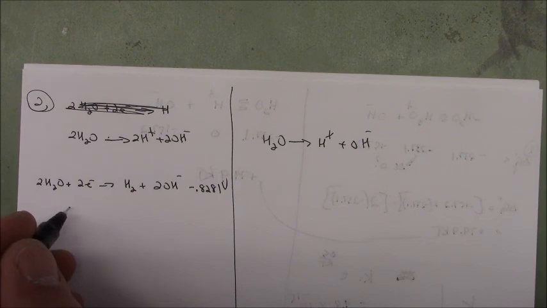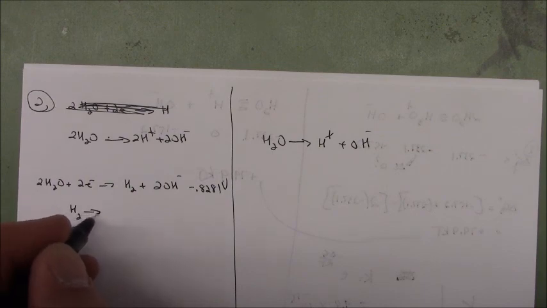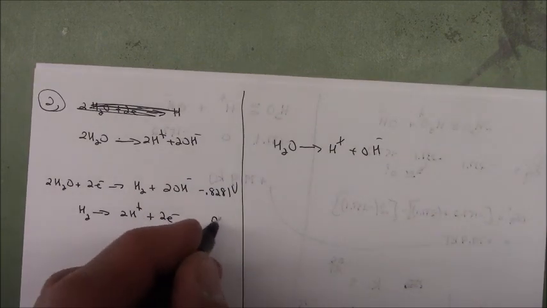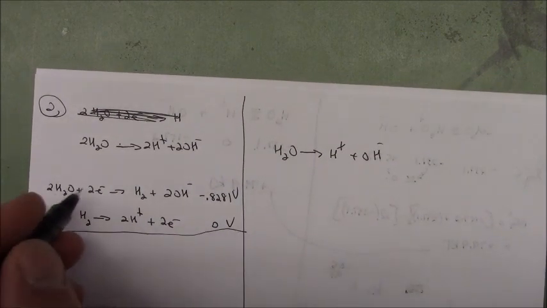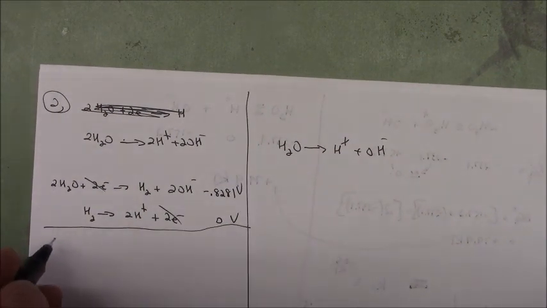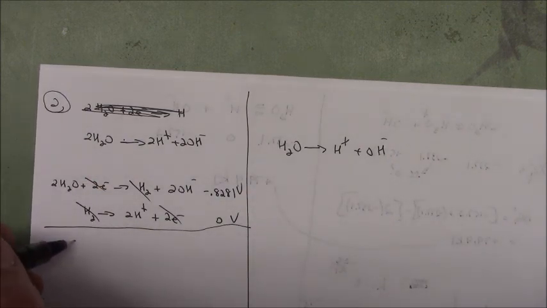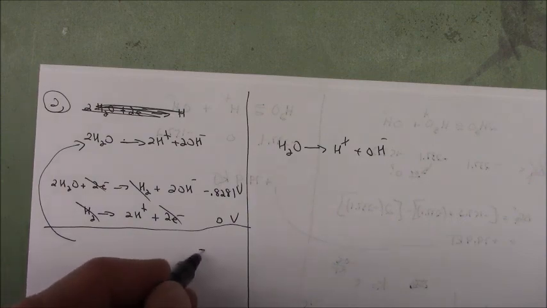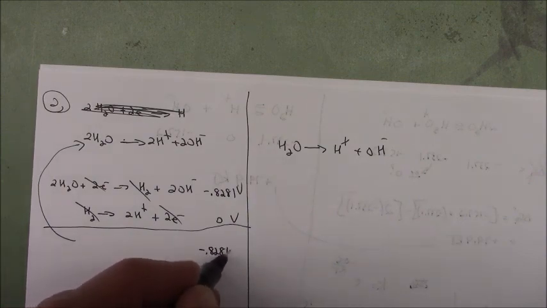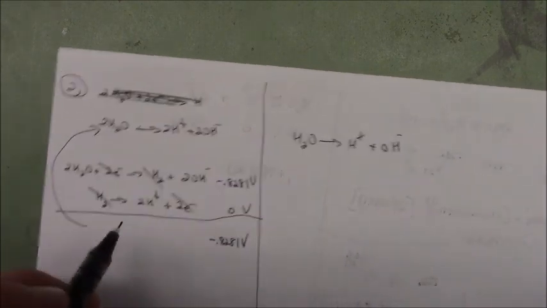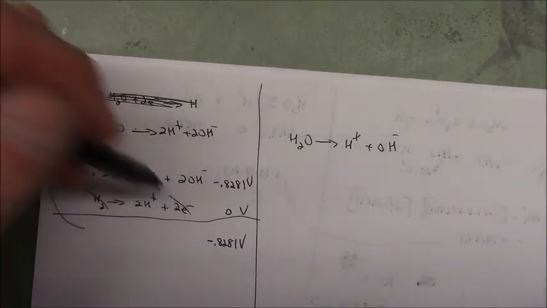And then the hydrogen, and that's 0. So you see that this cancels. We're getting what we want, and you get negative 0.8281 volts. Now I see that we're going this way. But this one, it's a 2 electron transfer.